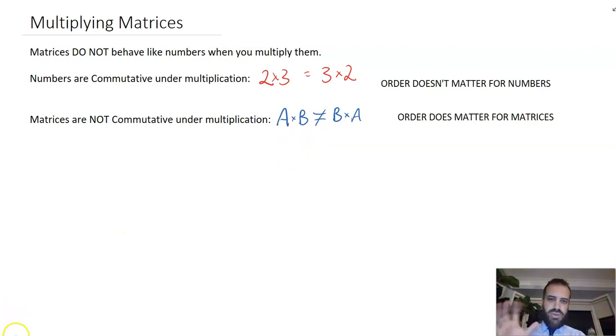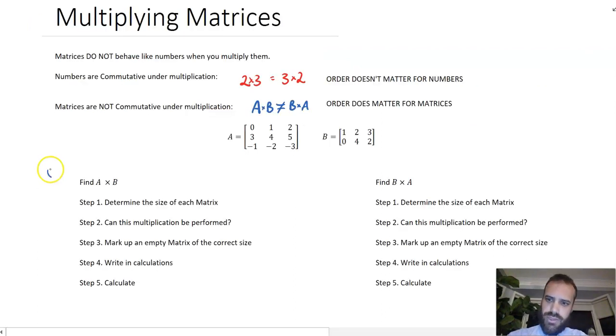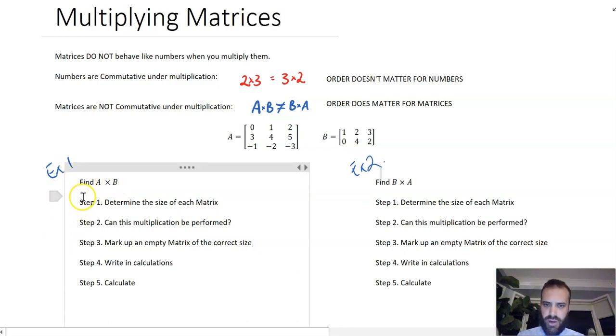All right, let's do 2 examples that I hope make this point really clear. We'll call this example 1 and this example 2, and in both cases they use matrix A and matrix B. The first example says find A times B. Let's go through our 5 steps of matrix multiplication.